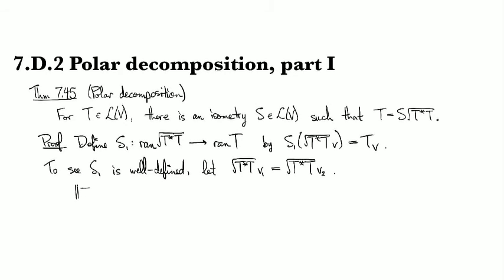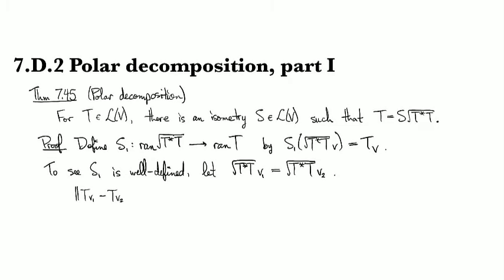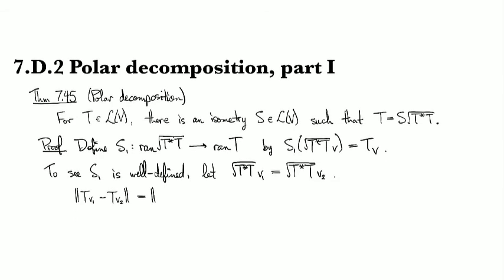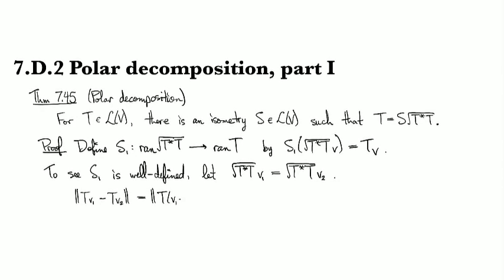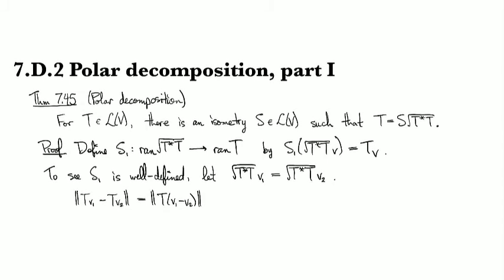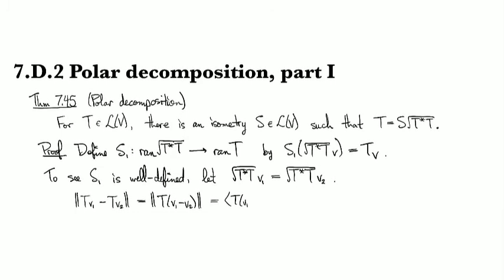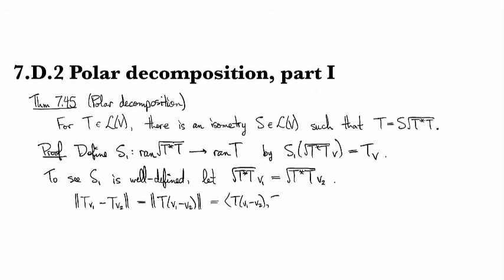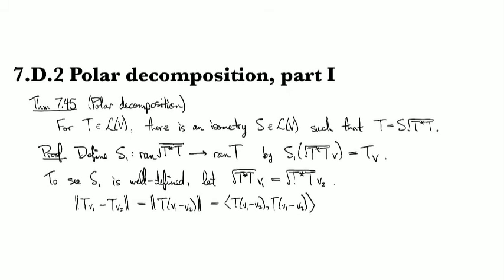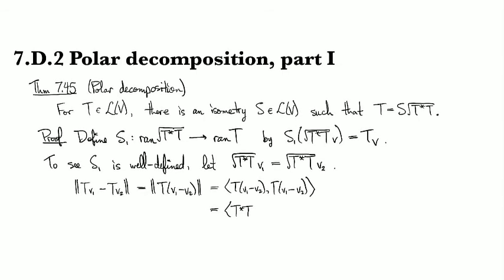So let's see. If we look at the magnitude of the difference between TV1 and TV2, then this is going to be the magnitude of T(V1 minus V2) by linearity. And this is equal to the inner product of T(V1 minus V2) with T(V1 minus V2), and then we can move it over using the adjoint property.